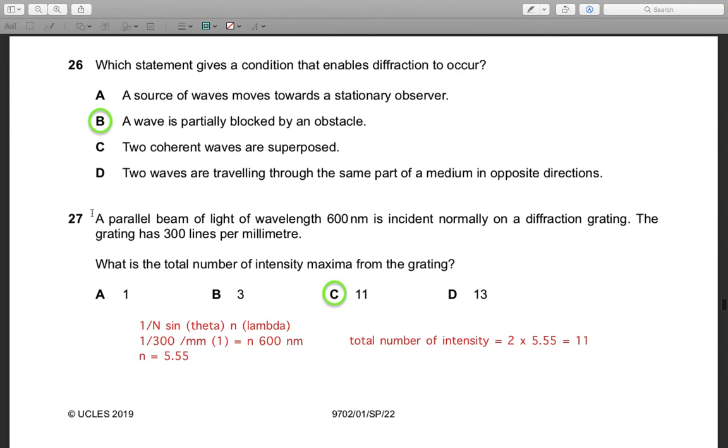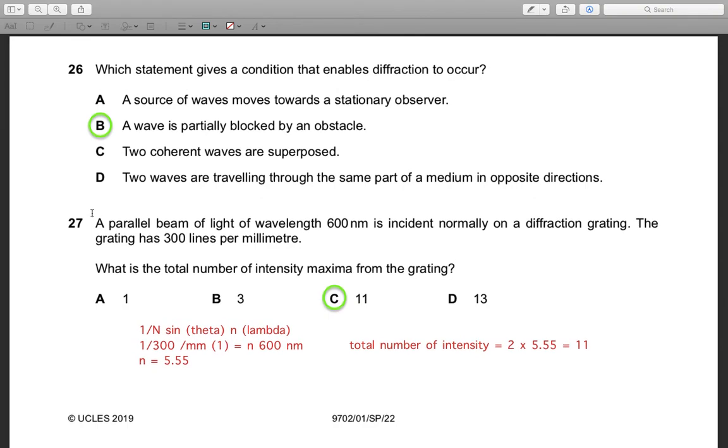Question 26. Which statement gives the condition that enables diffraction to occur? Of course, this is about a wave blocked by obstacles. Not a source wave moving towards a stationary object; that is about the Doppler effect. Coherent waves superpose is about the superposition of waves.